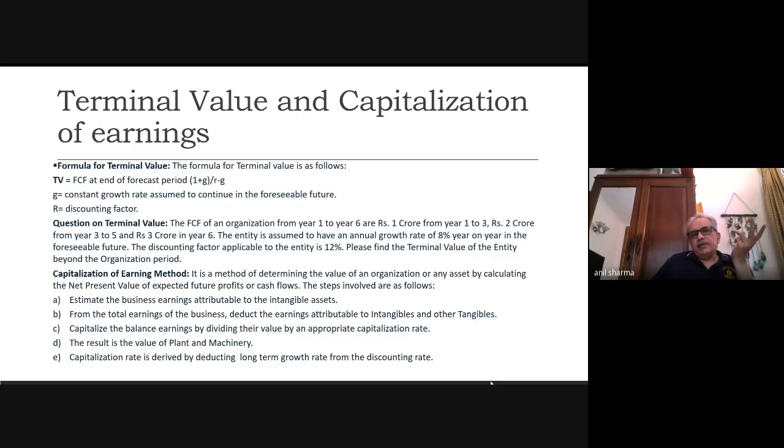I'm sorry, I don't have a whiteboard. So otherwise, this is it. 3 crores into 1.08 into 100 upon 4. So 81 crores is the free cash flow into perpetuity. I mean, terminal value of cash flows until perpetuity of this organization. The terminal value, right?